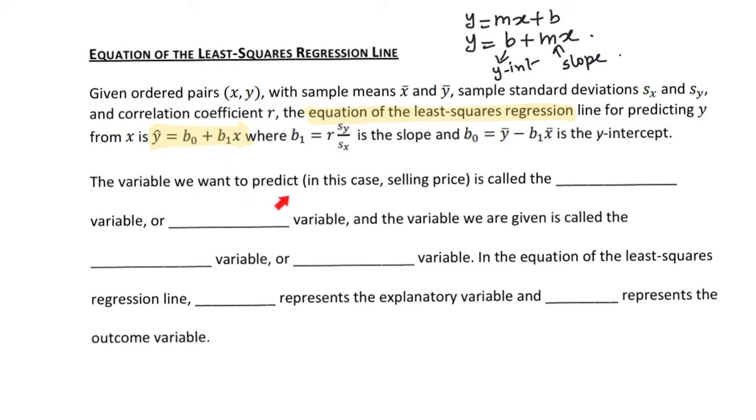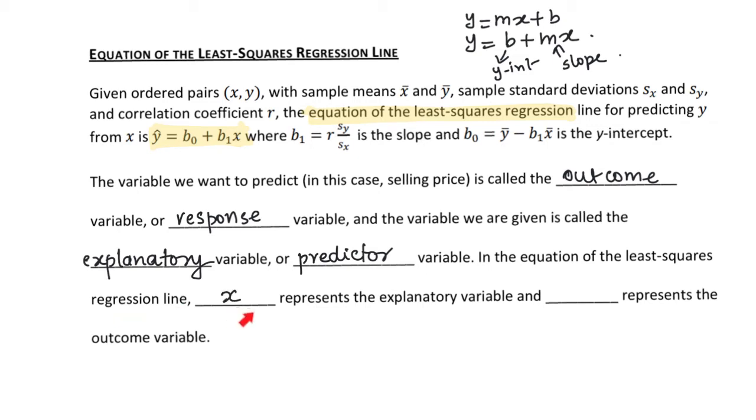The variable we want to predict is called the outcome variable or response variable, and the variable we are given is called the explanatory variable or predictor variable. In the equation of the least squares regression line, x represents the explanatory variable and y represents the outcome variable.